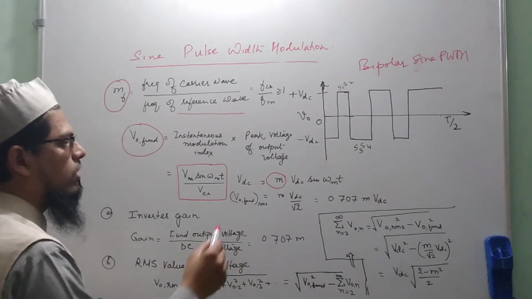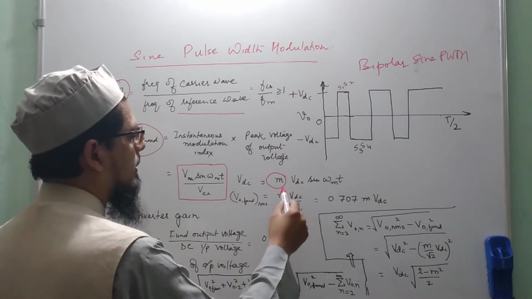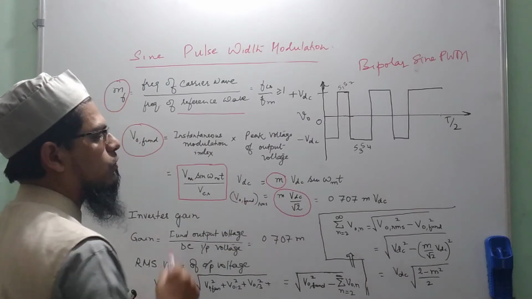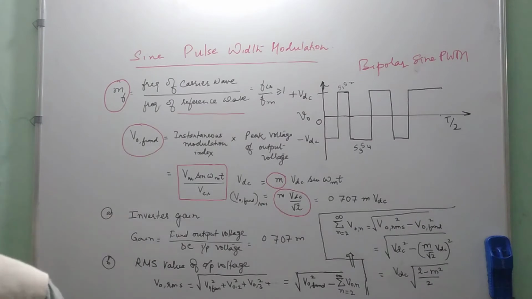So this is equal to M times VDC by root 2. This would be the RMS value of the fundamental of the output voltage.